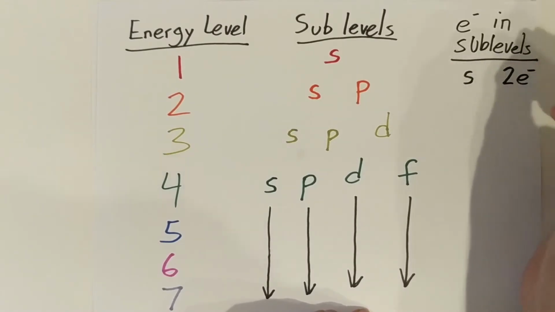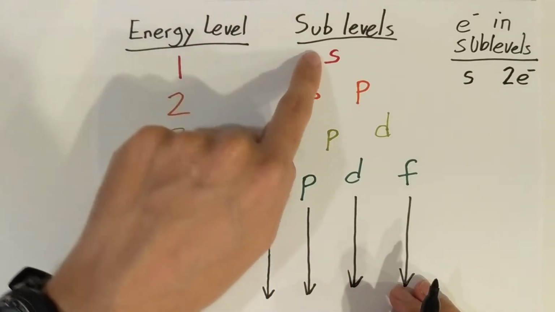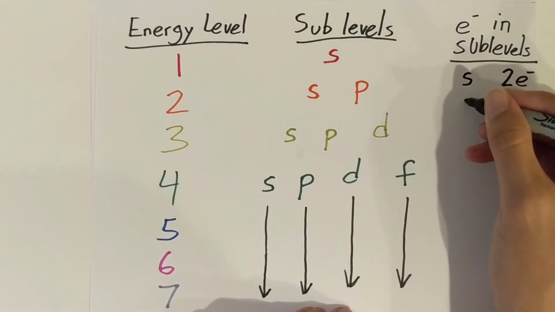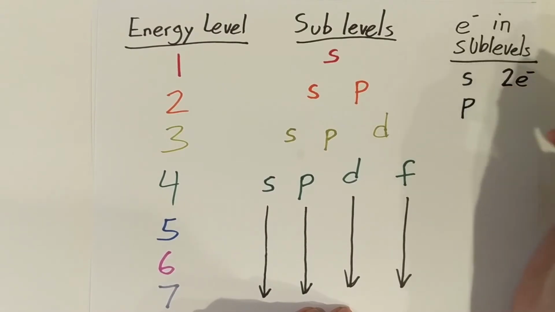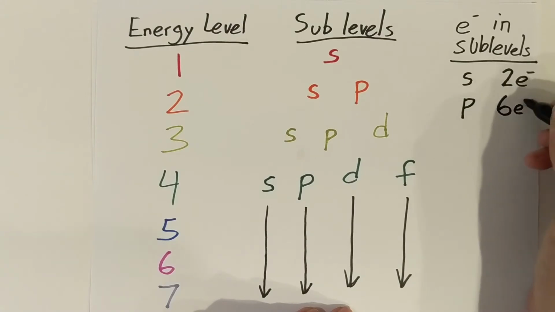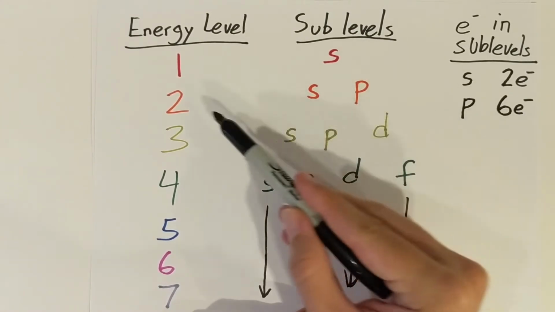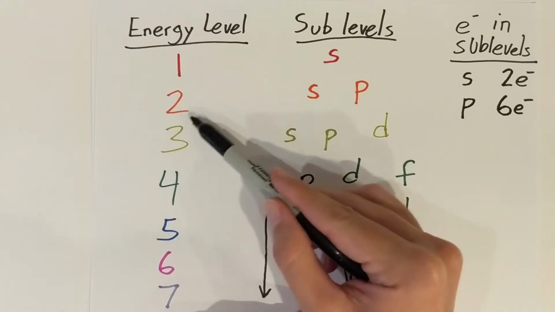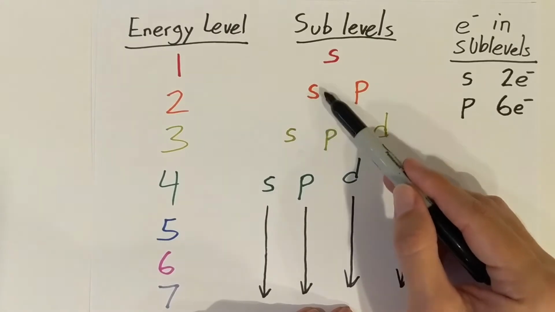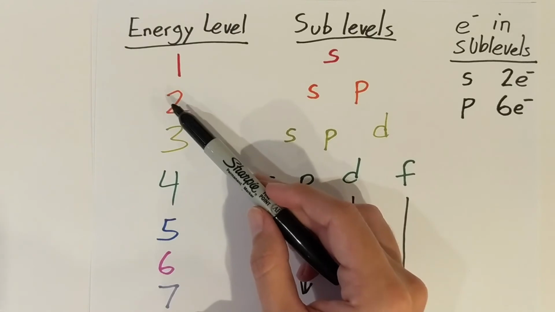And that is why our first energy level only has room for 2 electrons, because S just has 2 electrons. Our P sublevel can fit 6 electrons. And that's going to be for every P sublevel that we have. So our energy level 2 has 2S would have 2 electrons, and 2P would have 6 electrons. So you can fit a total of 8 electrons in energy level 2.